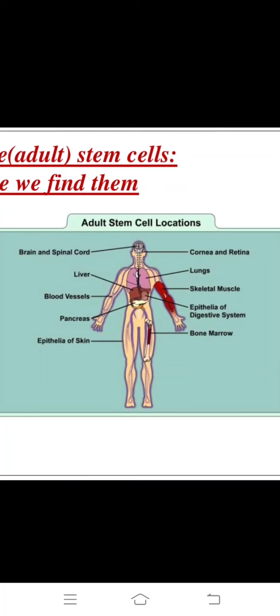Lungs, liver, skeletal muscles, epithelia of the digestive system, and pancreas, bone marrow, epithelia of skin.